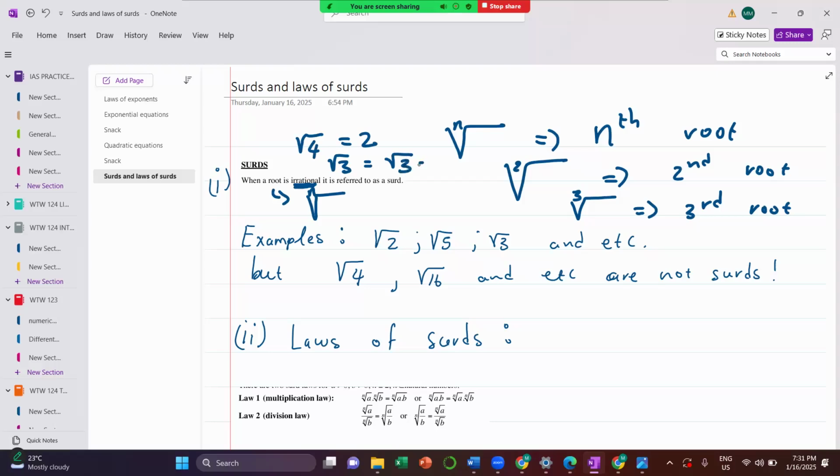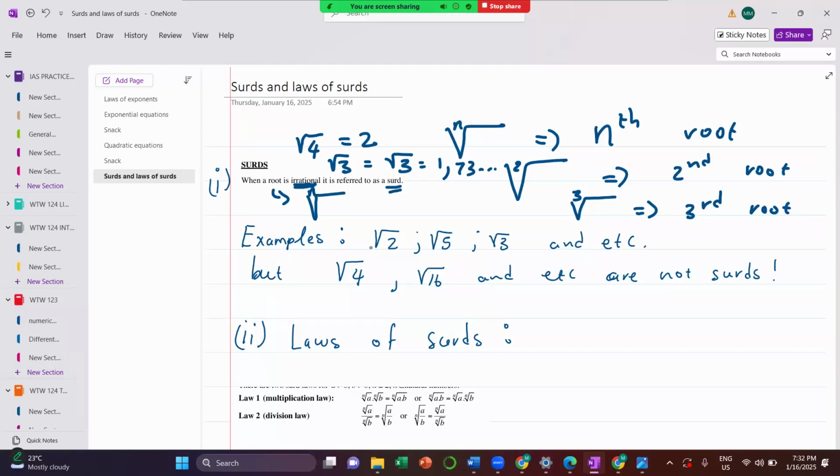It's going to give me decimals in my calculator, 1.73 and so on. You see? So this means that this is an irrational number. But 2 is a rational number. Are you guys okay? Yes, sir. So if a root is irrational, we call it a what? A surd.